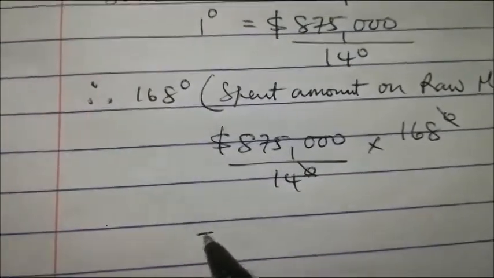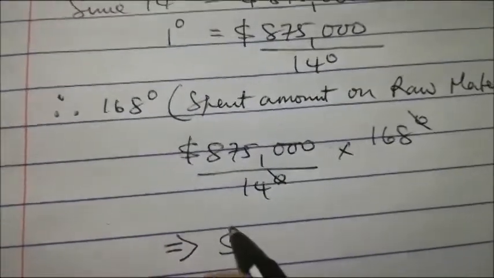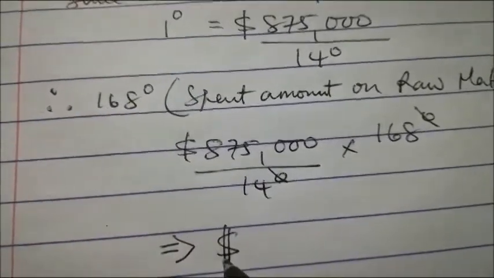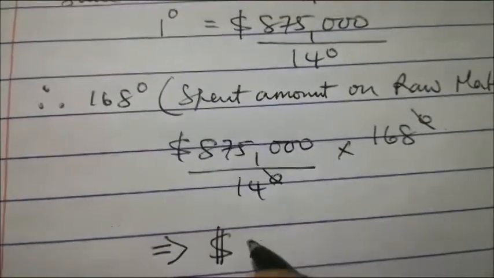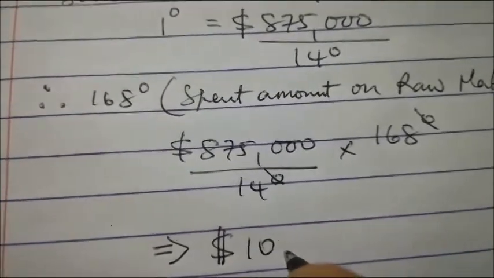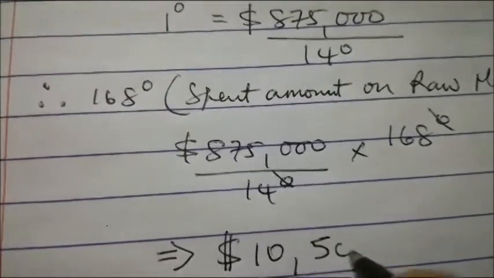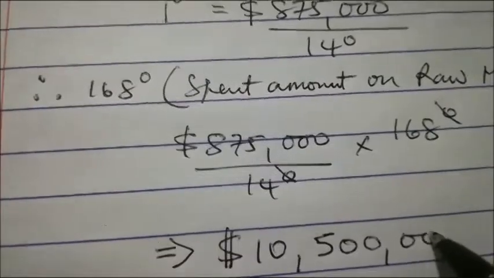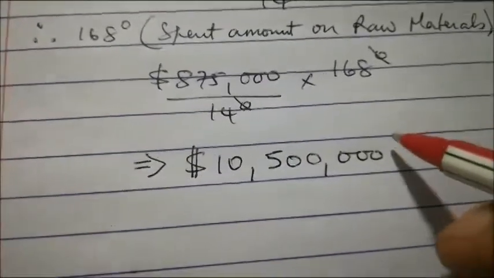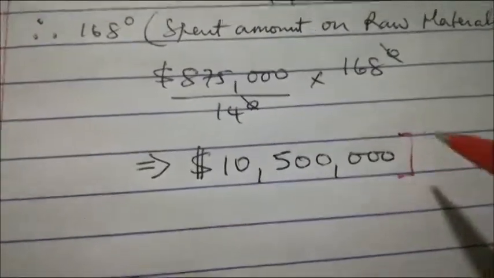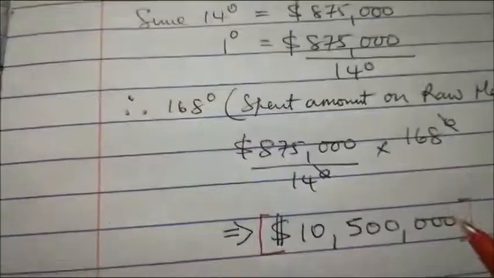And what this amounts to, when you put everything into the calculator, is going to be 10,500,000. Wow, that's a lot of money spent on raw materials. This sounds like a thriving business. So that was part B.